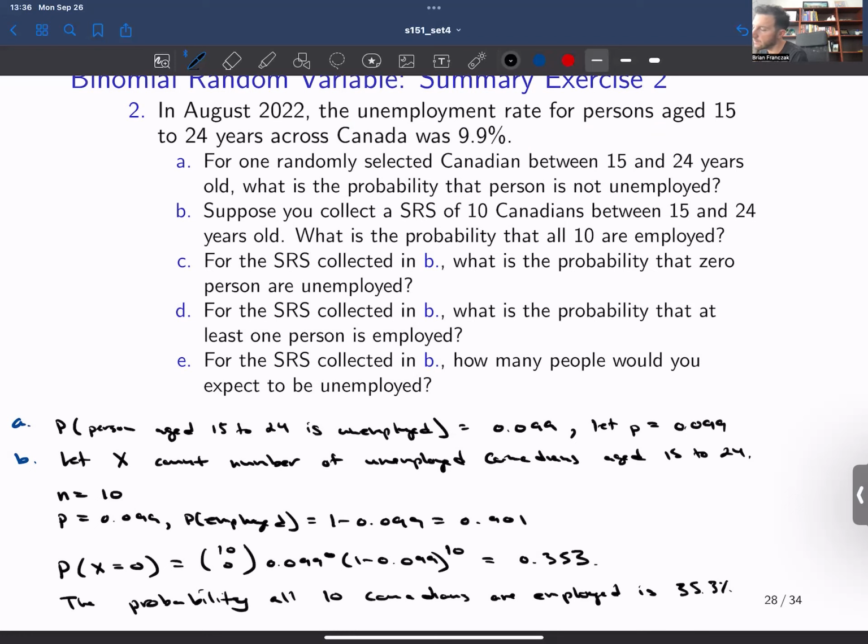Part C: for the SRS collected in B, what is the probability that 0 are unemployed?